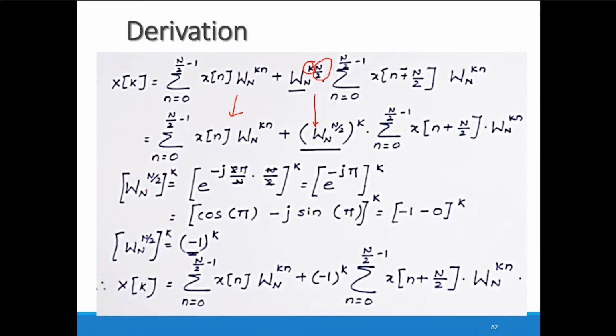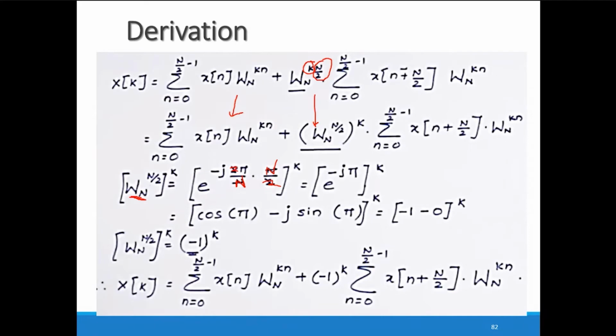Now when I represent this omega N raised to N by 2 raised to k, if we expand this, we get e raised to minus j 2 pi by N into N by 2. Just write down 2 pi by N into N by 2. Because here n has the value N by 2, so e raised to minus j 2 pi by N is the general equation of this twiddle factor.